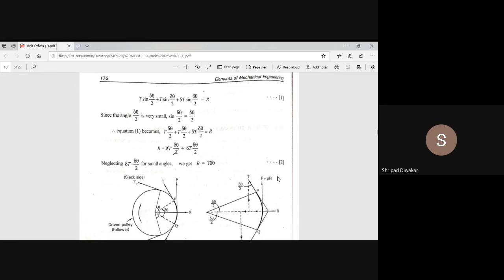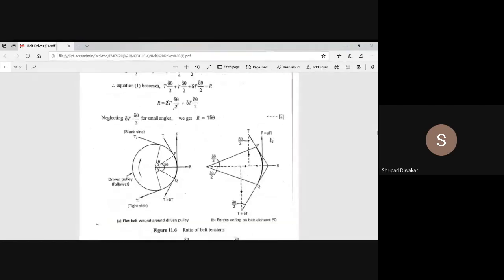Next equation. Whatever diagram you are seeing in the second diagram, this is the extended form of this diagram. Because they have given clearly, one is R, you write R as it is, one is F. This F is mu R, and T you can take as it is.